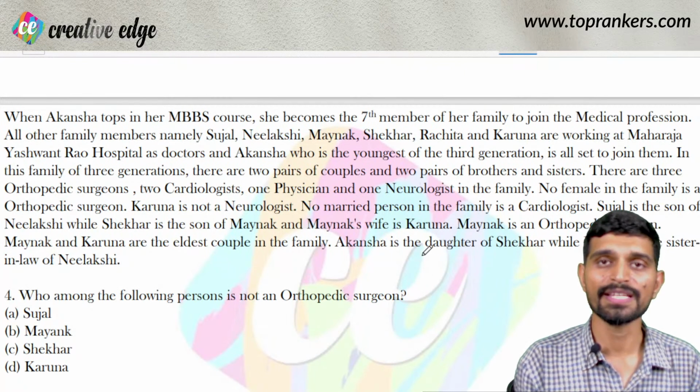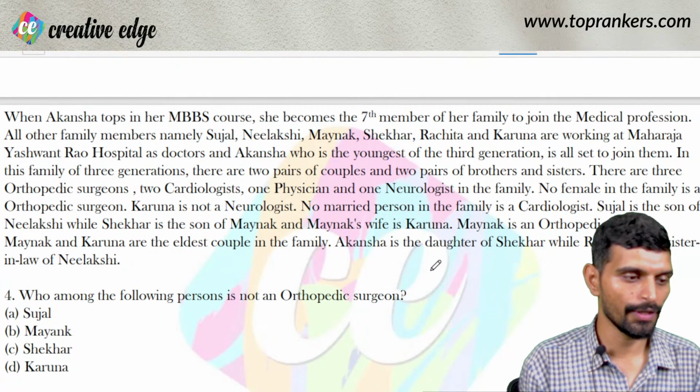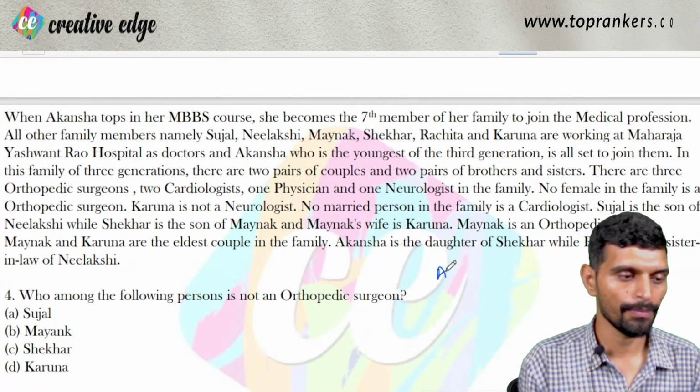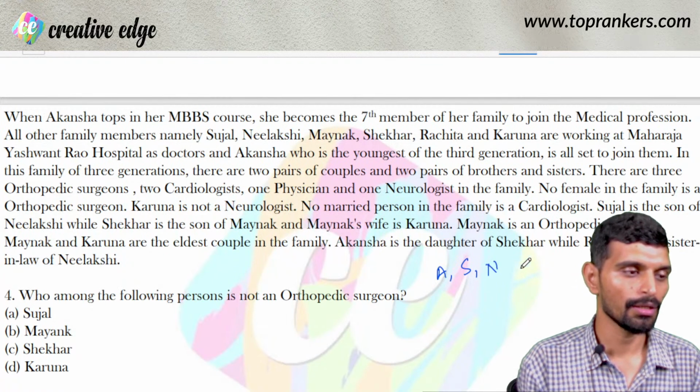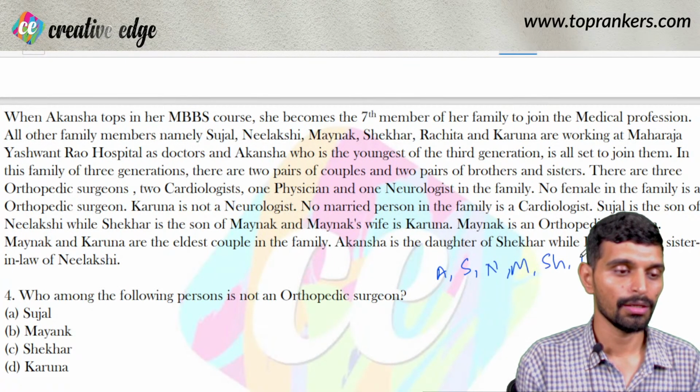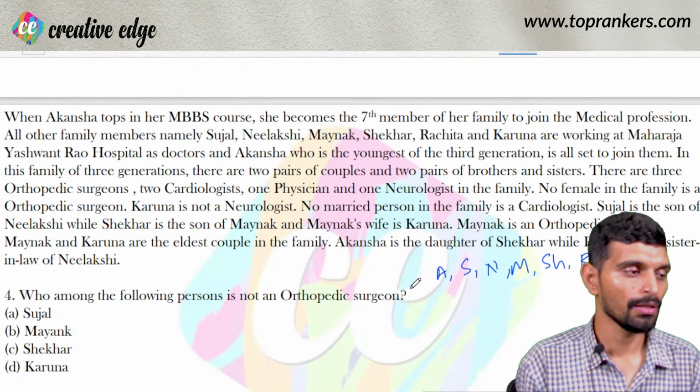So overall there are 7 members, and the names of the members are given to us as Akansha, Sujal, Nilakshi, Mayank, Shekhar, Rachita and Karuna, right?